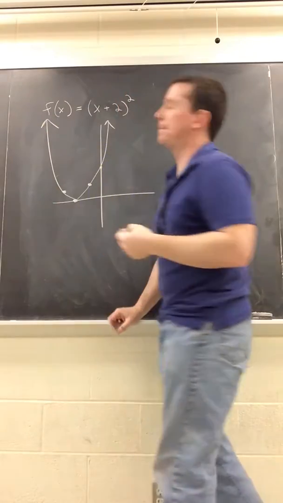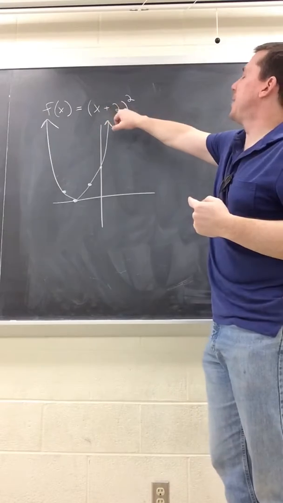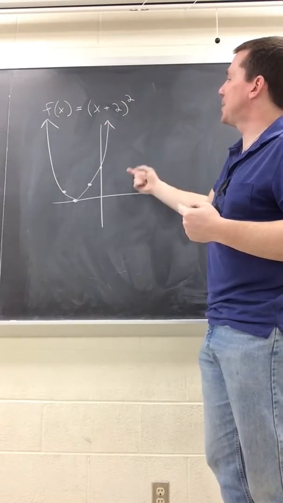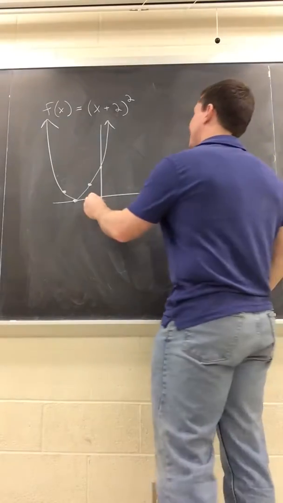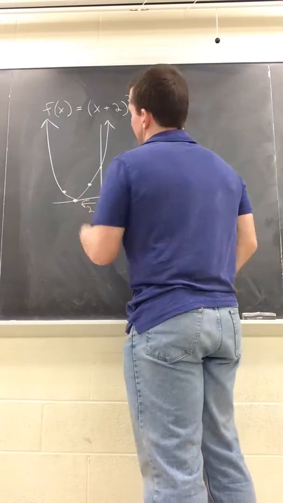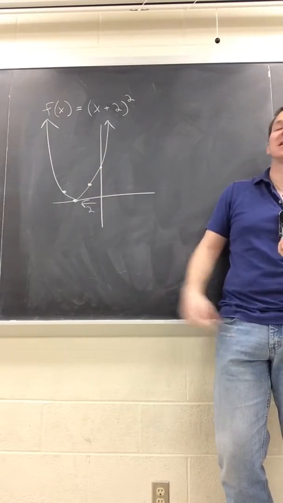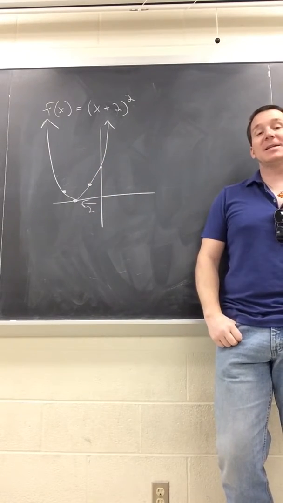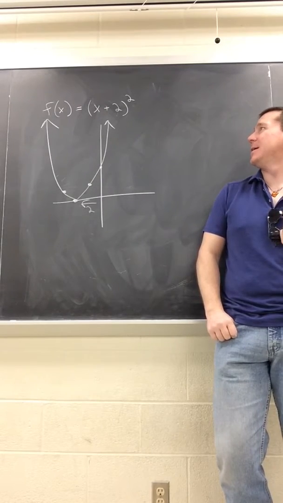It looks like that. Essentially, we did +2 on the inside of our function, and what did it do? It took our basic parabola and shifted it 2 to the left. Like I said, when you do something inside of the function, it affects it horizontally. The only trick here is that normally when you add, you go to the right.